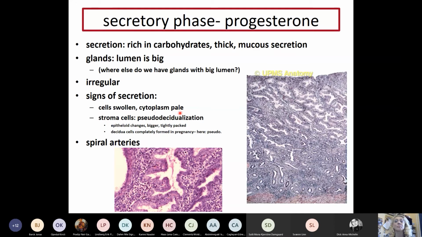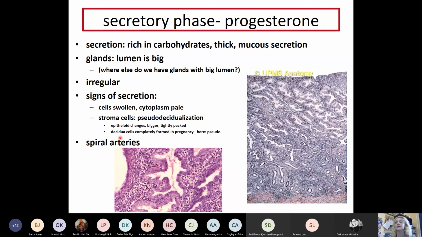They are swollen with pale cytoplasm, and the stroma cells are also swollen and become epithelioid. This means that the stroma cells become more and more densely packed, tightly packed, and they become bigger as well.